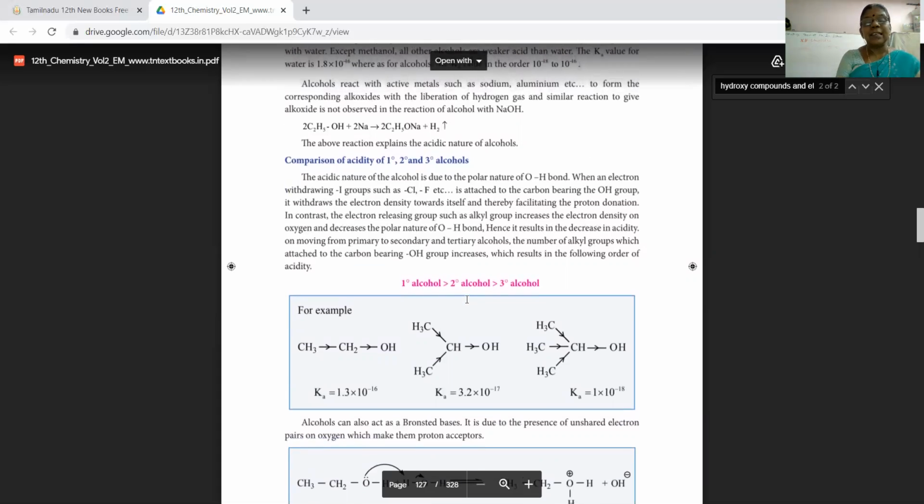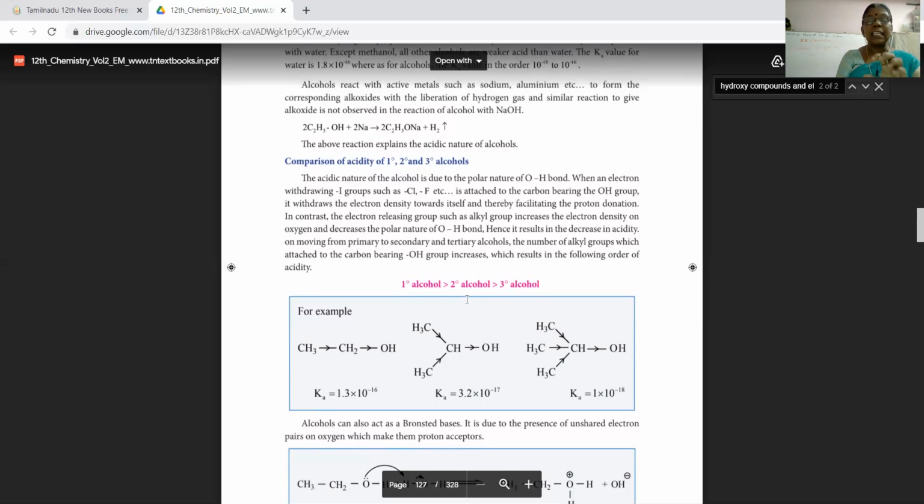In contrast, an electron releasing group such as an alkyl group increases the electron density on oxygen and decreases the polar nature of the OH bond. Hence, it results in a decrease in acidity. So on moving from primary to secondary and secondary to tertiary alcohol, the number of alkyl groups attached to the carbon bearing the OH group increases, which results in the following order of acidity.